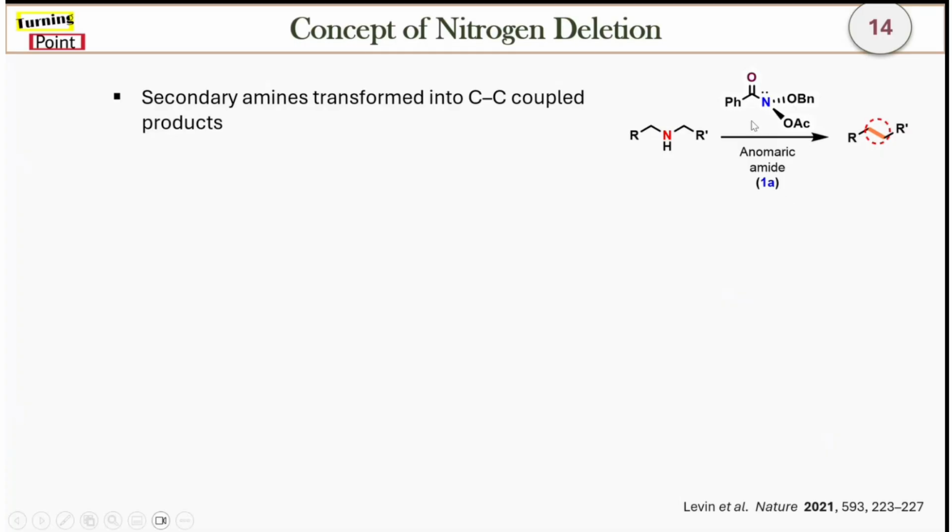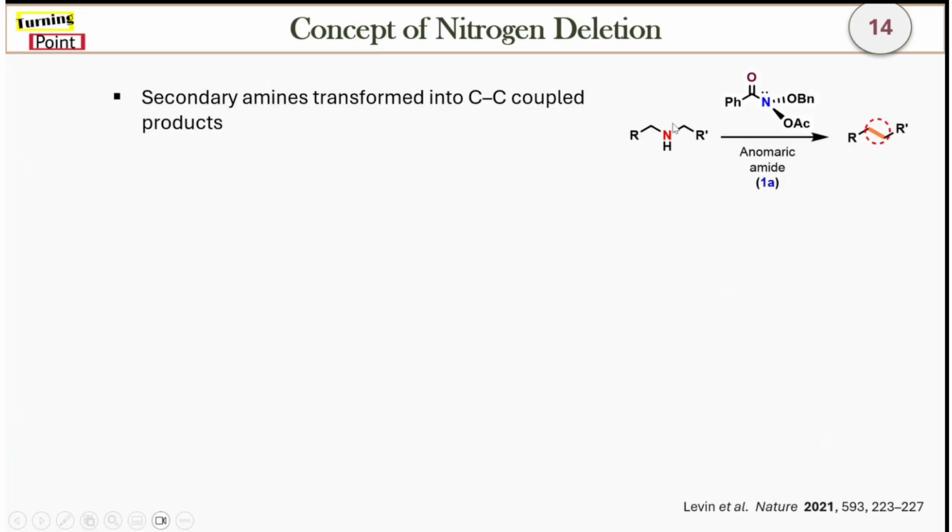Because if we look, this nitrogen is substituted with two heteroatoms, and it is analogous to the anomeric carbon present in sugar, which is also substituted with two heteroatoms. That's why it is known as the anomeric amide. Since this nitrogen is attached to two heteroatoms, it becomes electrophilic in nature.